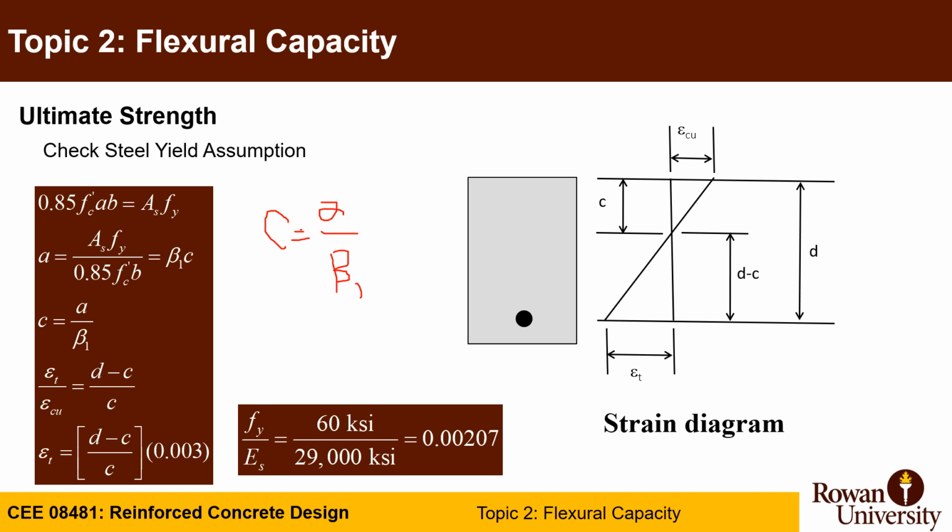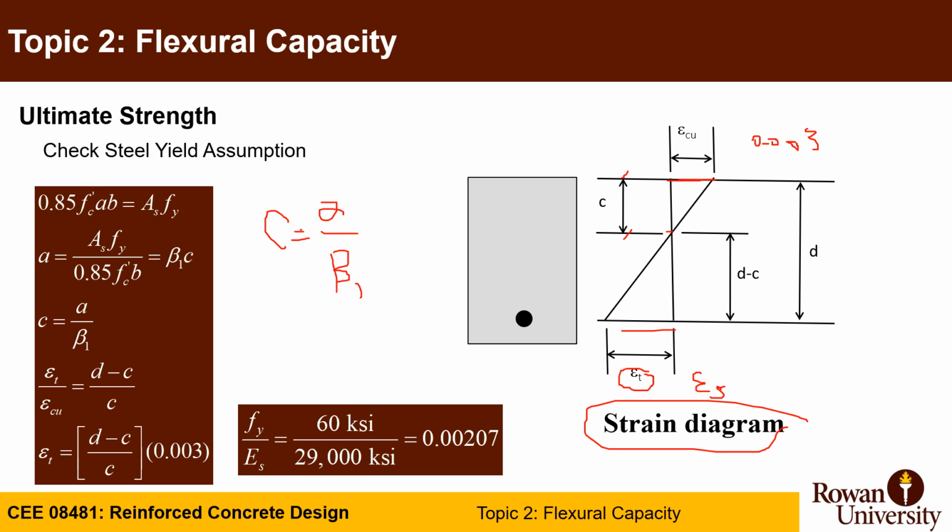If you want to create the strain diagram, you will have strain epsilon cu, which is at crushing, 0.003, and it reaches 0 at distance c, which is equal to a divided by beta 1. This distance will be d minus c, and this will be epsilon t, or the strain in your reinforcement. Sometimes we call it epsilon s too, based on the different textbook.